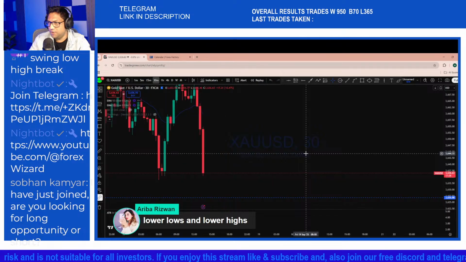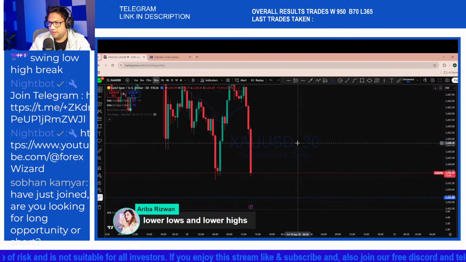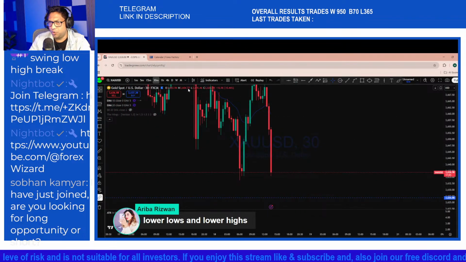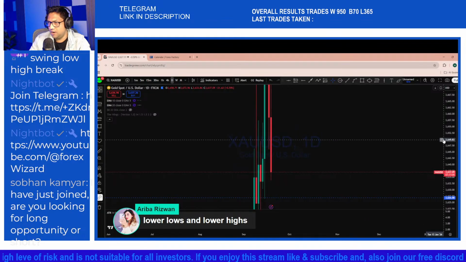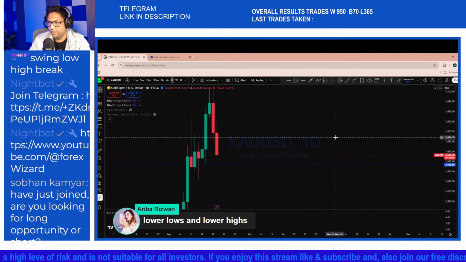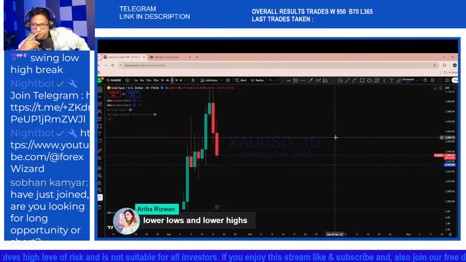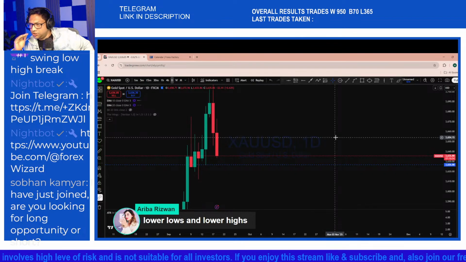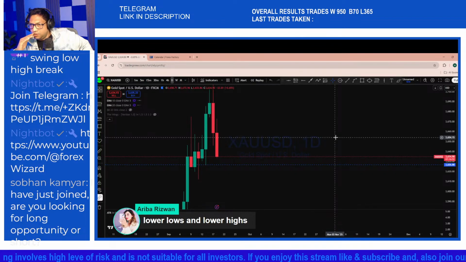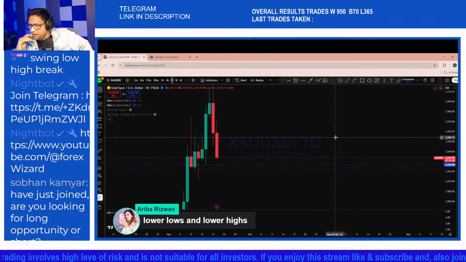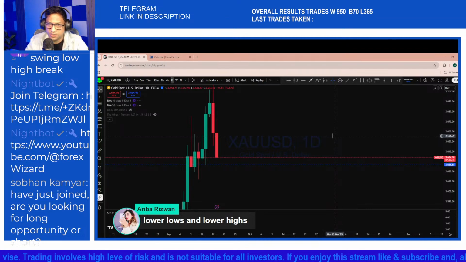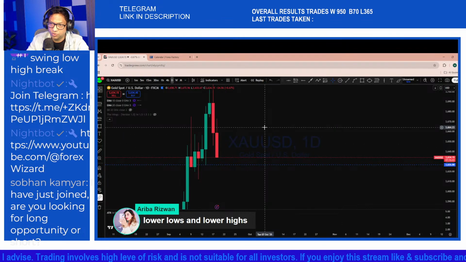Okay, so you can see the market has entirely broken this support, which is now the daily 10 EMA, and highly likely we could see the price break the current 3626 level, which is the recent liquidity zone.